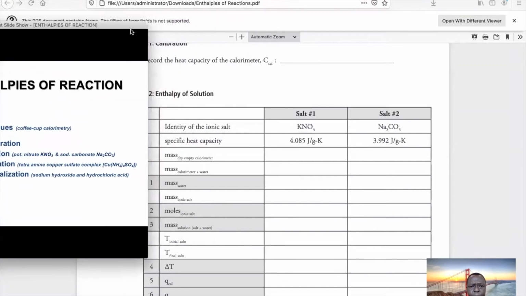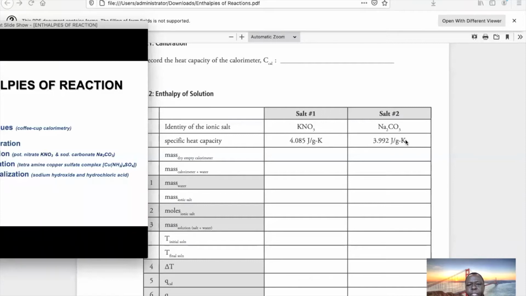Now, the specific heat, there is a reason why you are given this specific heat. Somebody will say, why am I given it in Kelvin? You might get confused about whether you should change the degrees Celsius to Kelvin and then plug it in the equation. Don't worry about that. Just cross out the Kelvin and change to degrees Celsius, because it's just about change in temperature. Let me give you a scenario.